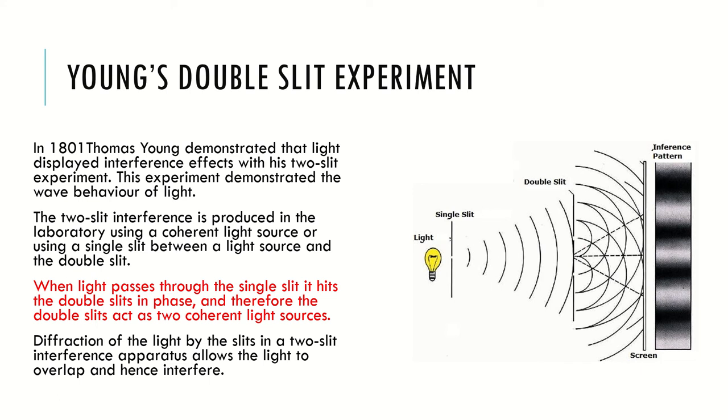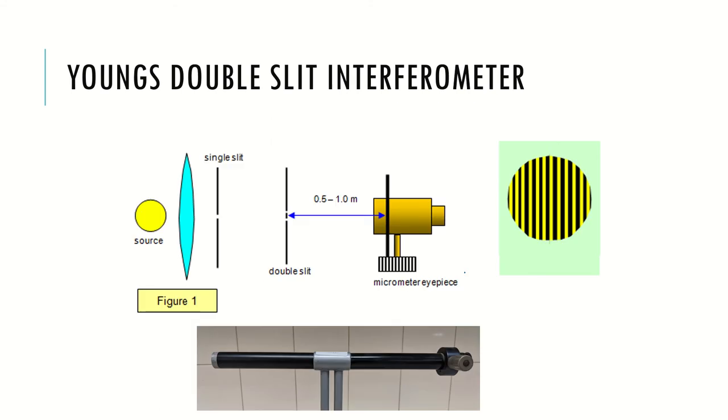And what you had was regions, or points, of constructive and destructive interference. And when it hit the screen, you got bright bands of light, and then darkness, and then a bright band of light, and darkness, and a bright band of light, etc. So that's what happened.